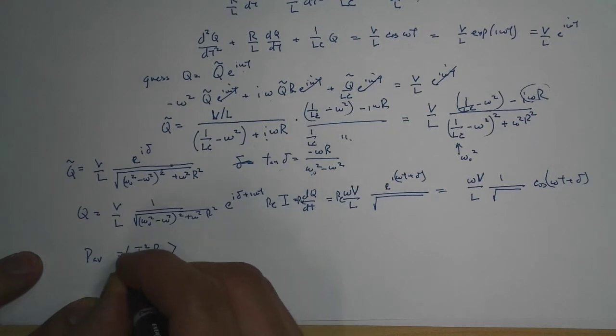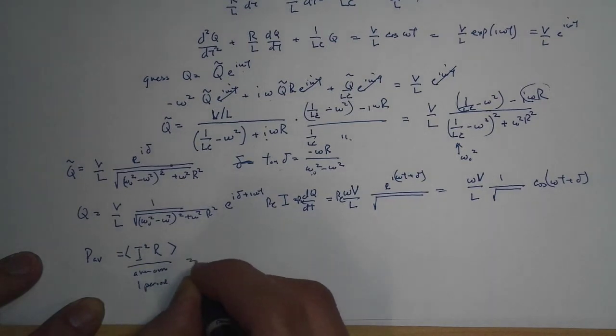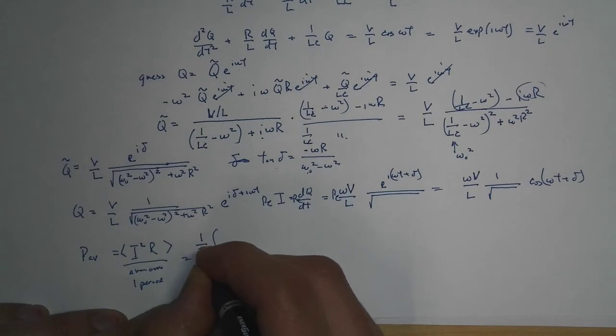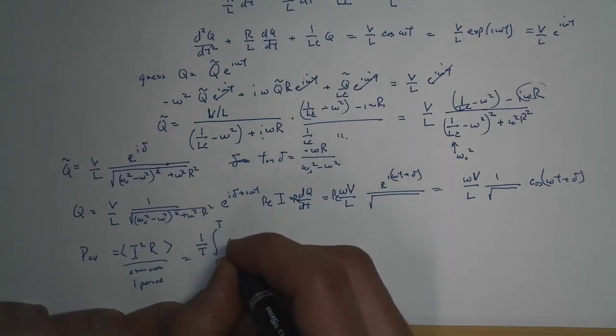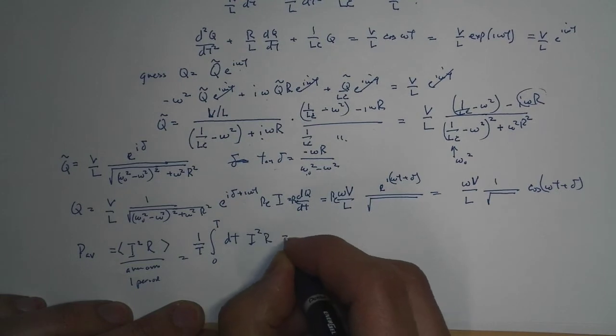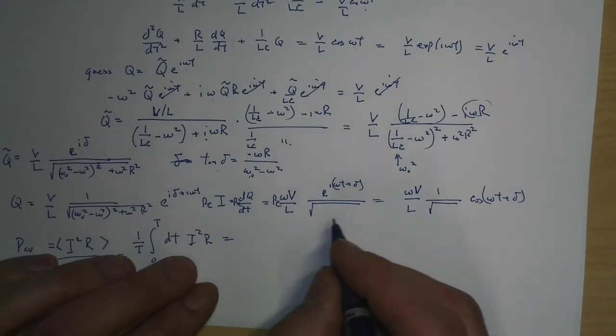So average over a period means average over one period. So it's going to be the integral of 1 over the period, 0 to what's the period? T, dt of I squared r. Okay, we do that. This is actually nothing too difficult.